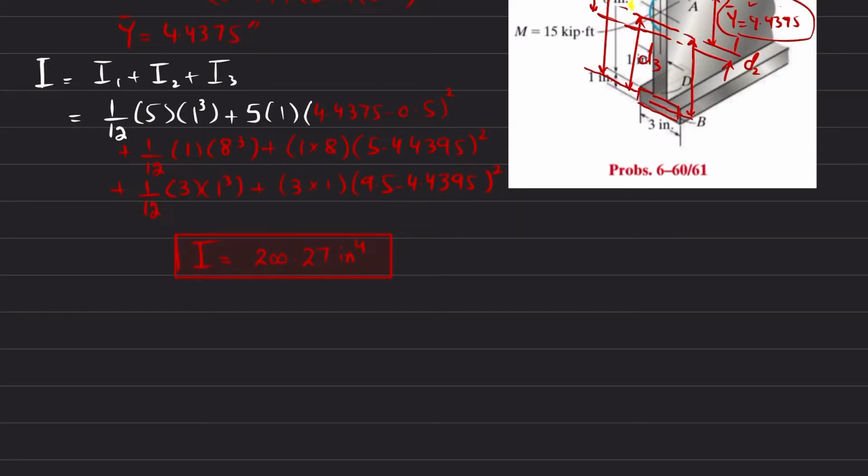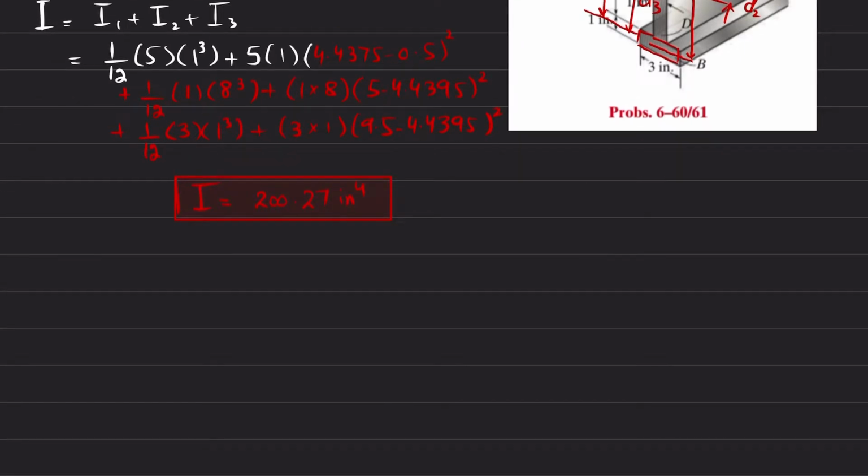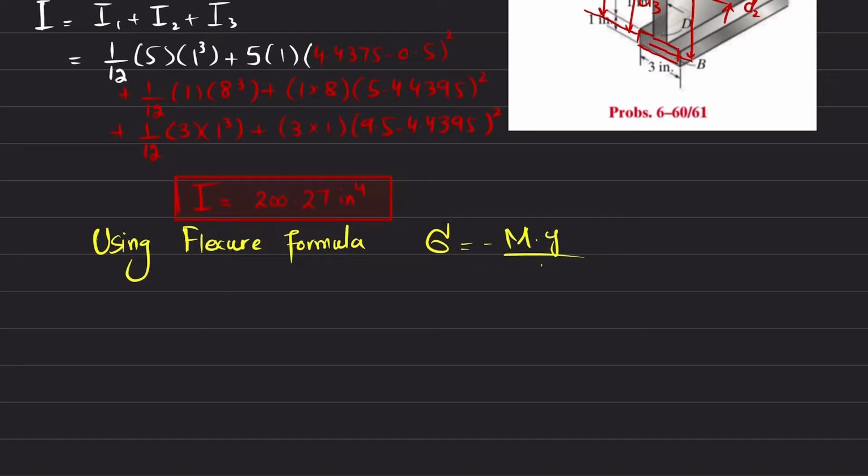Okay, now we know that using the flexure formula, sigma is equal to minus M into y divided by I. So we will find sigma A, that is at the top of this plate.